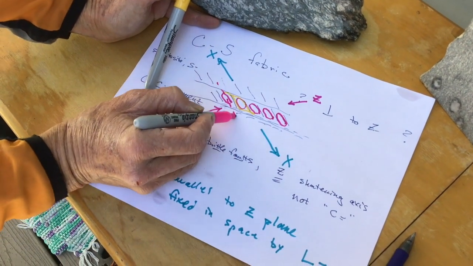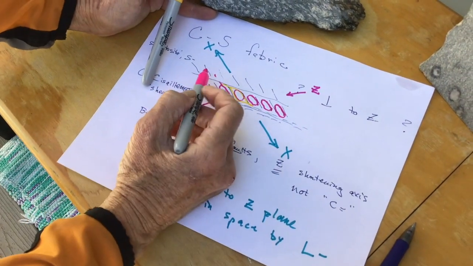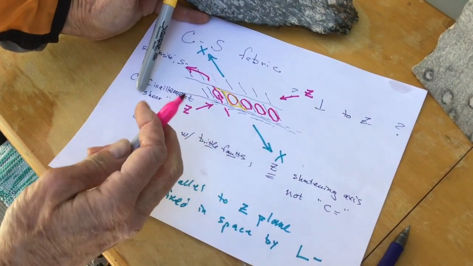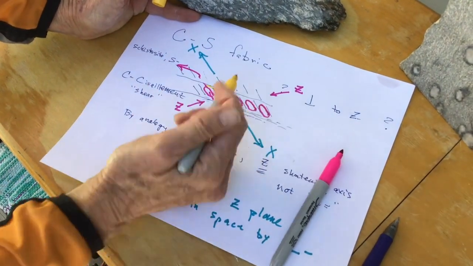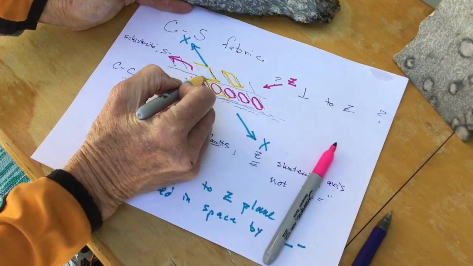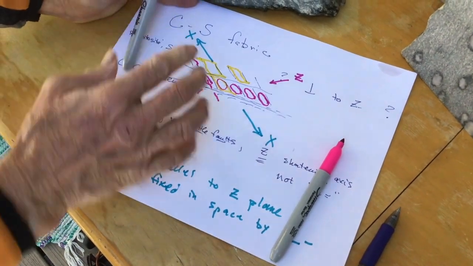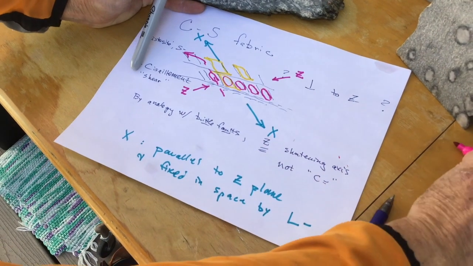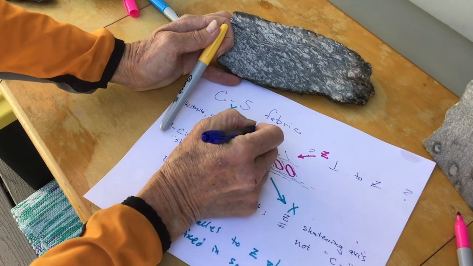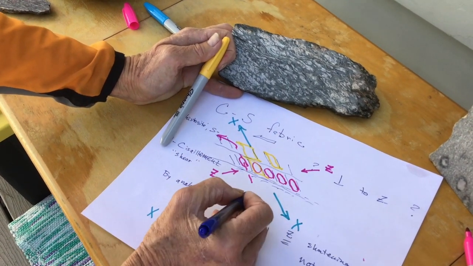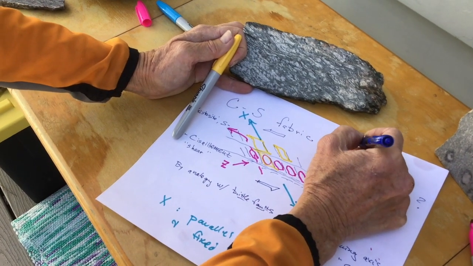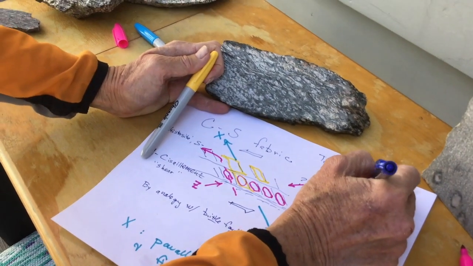The inclination of the ellipse points in the direction of shear. As a cross check on this, the sigma clast tails, top tails, point in the direction of shear. This sample, as held in my hand, is recording a kinematic shear sense of top to the left, top to the left.